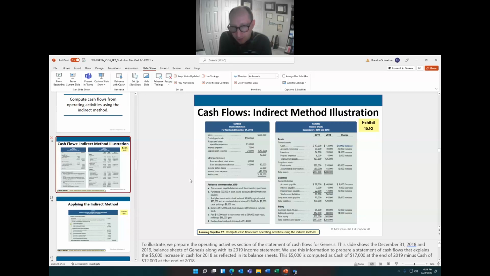We're also looking at things like plant, depreciation, and certain liabilities like accounts payable, interest payable, taxes payable. Those are all related to the day-to-day operations of the business. So to answer your question, yes, we're only looking at the accounts that affect the day-to-day operations of the business when we're looking at the indirect method for operating activities.